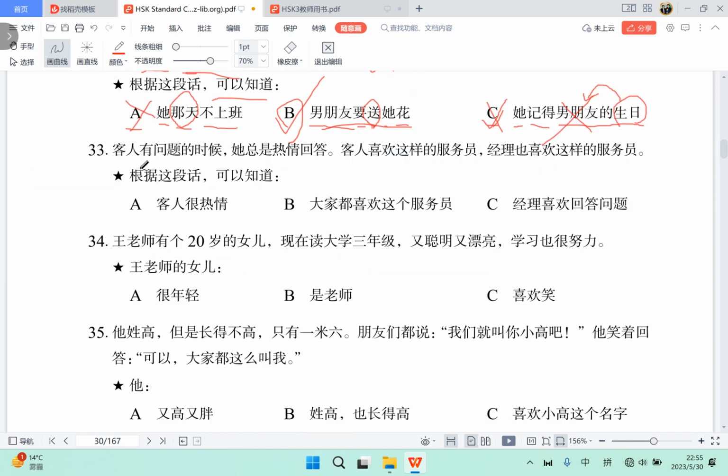And go further, 33. A, 客人很热情, so the guests are very warm. B, 大家都喜欢这个服务员, so everyone likes this 服务员, this waiter or waitress. I think it could be a waiter or waitress, we don't know. And C, 经理喜欢回答问题, so the manager likes to answer questions.